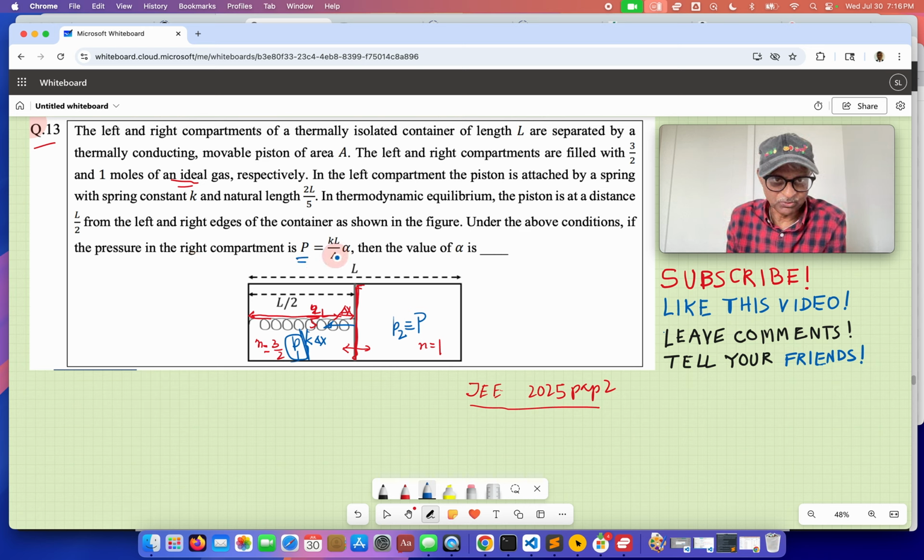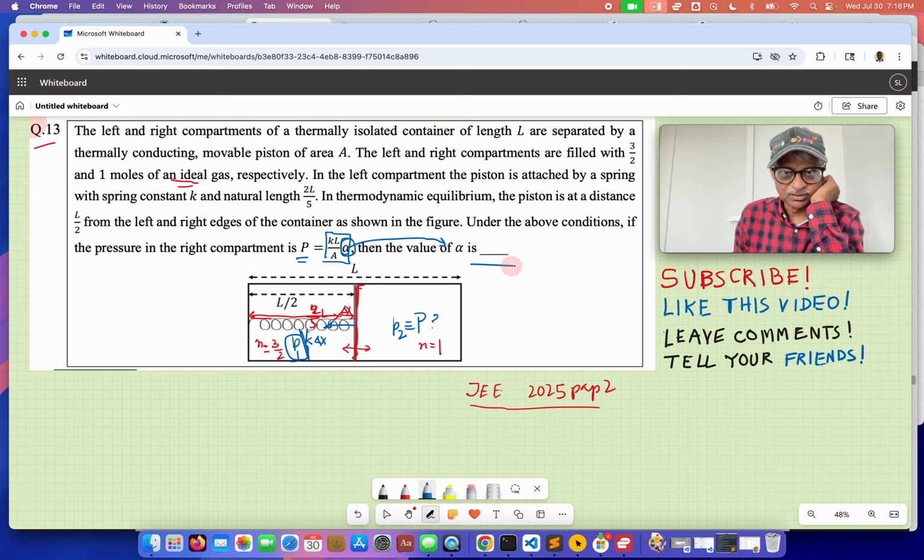That's what we're supposed to find. We need to find this P and show that it can be written in this kind of expression, and then find the value of this alpha.